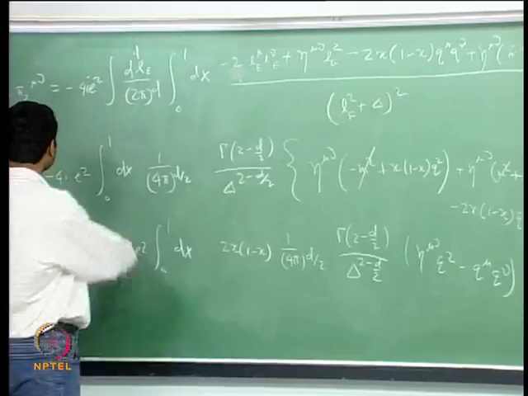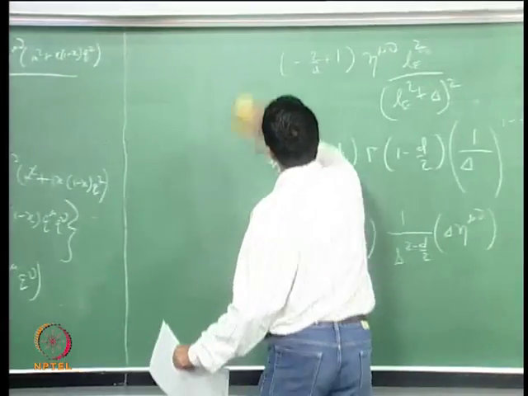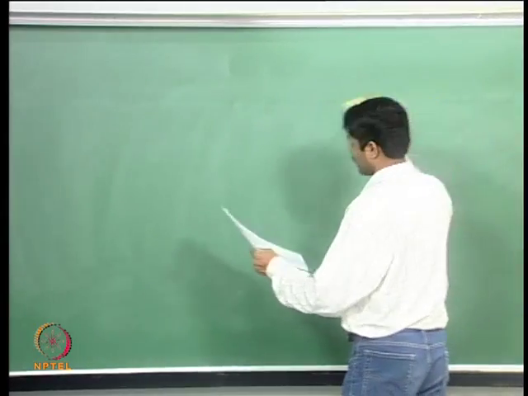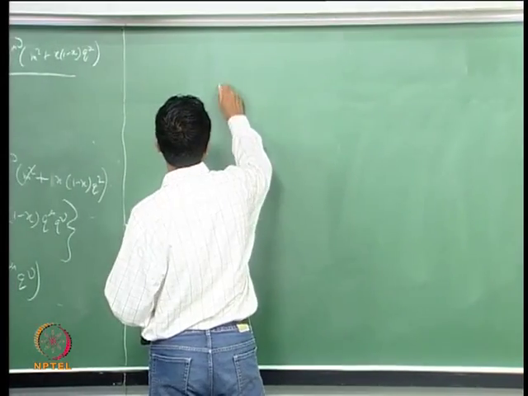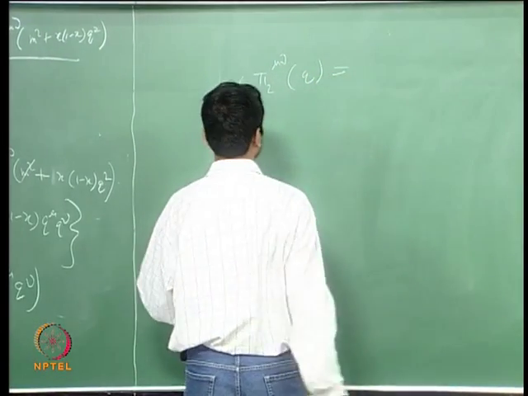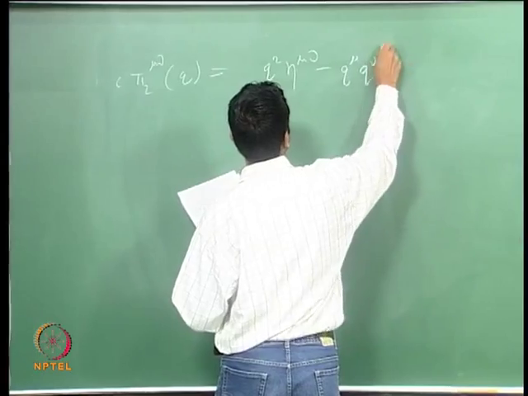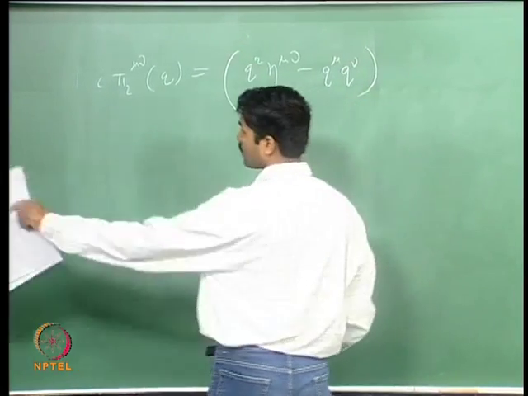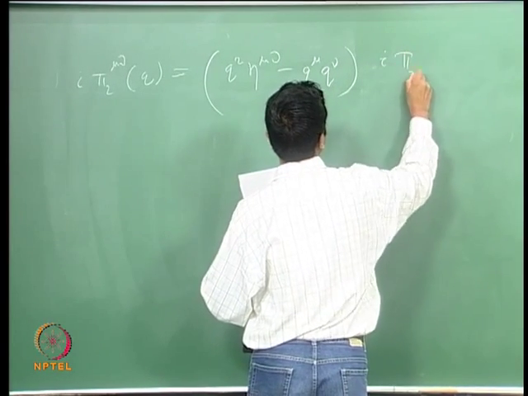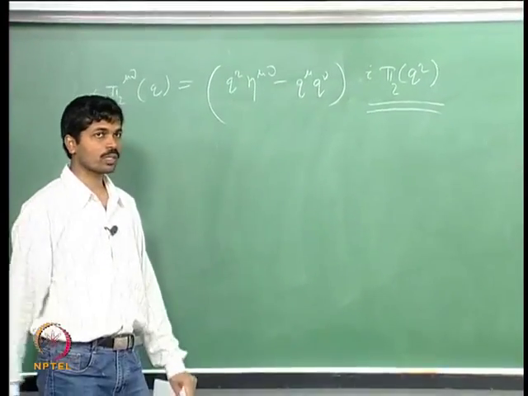So, what you got finally, at the end of the day when we did the dimensional regularization, we got I pi 2 of pi 2 mu nu of q to be of this form, q square eta mu nu minus q mu q nu times whatever the remaining factors, that I will denote as I pi 2 of q square, and this is just a scalar quantity.